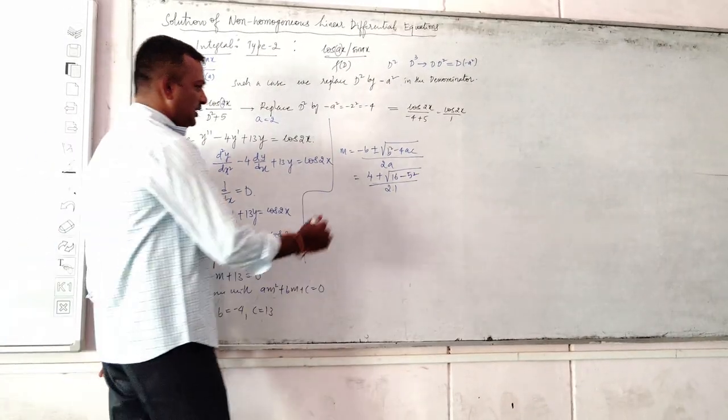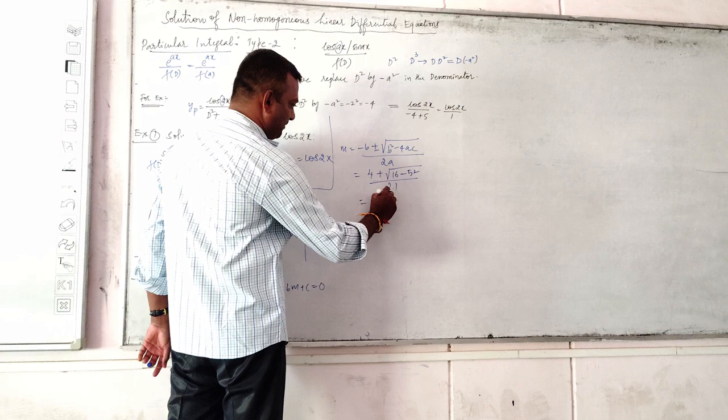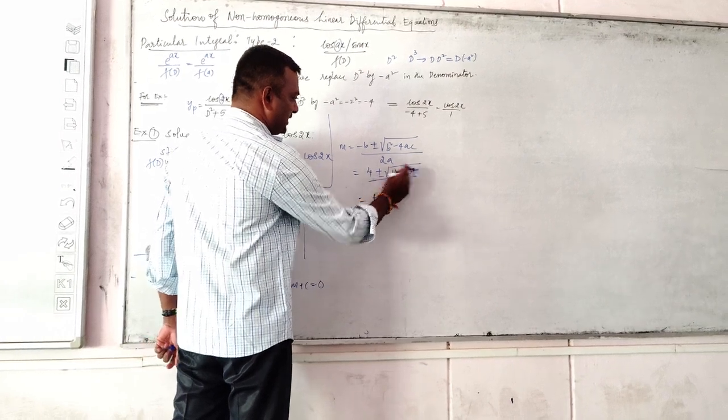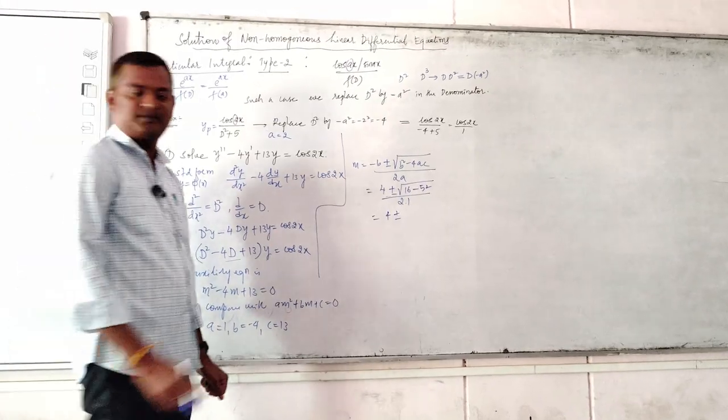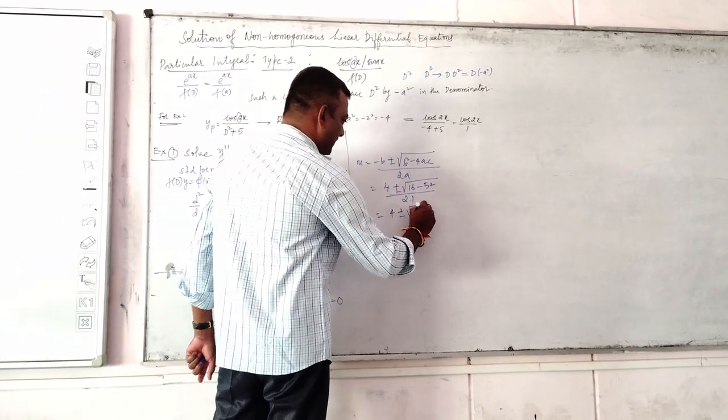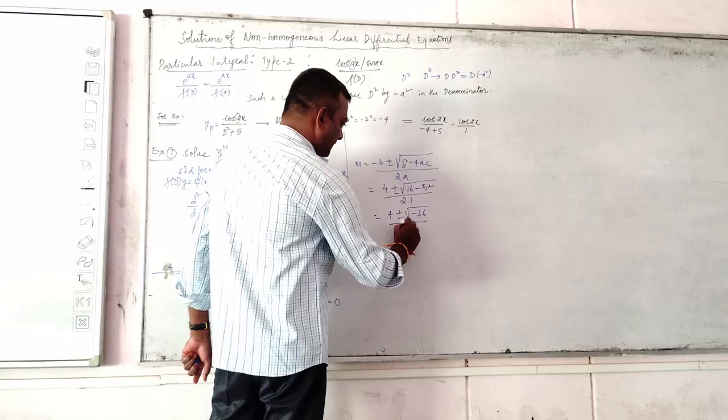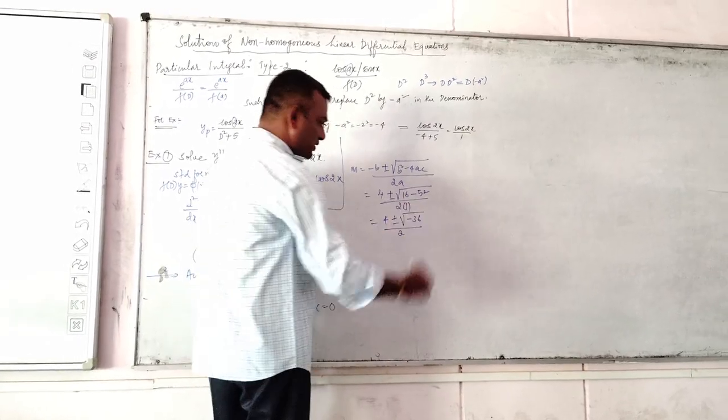So now it will become 4 plus or minus 16 minus 52. 16 minus 52 is minus 36, under the square root, divided by 2 into 1, which is 2.